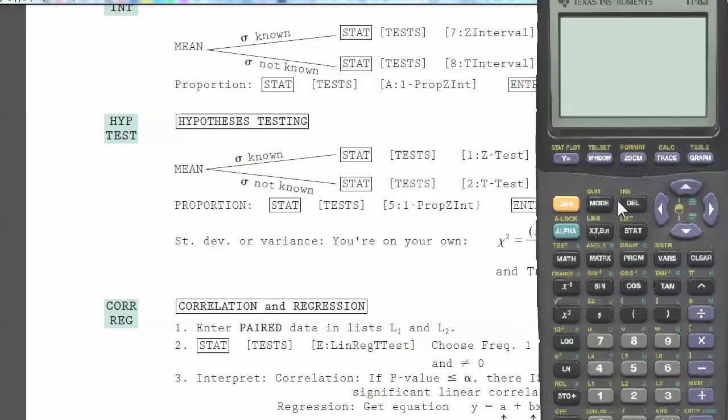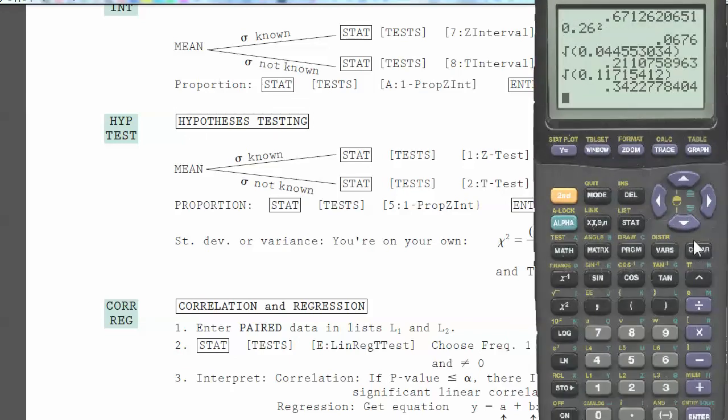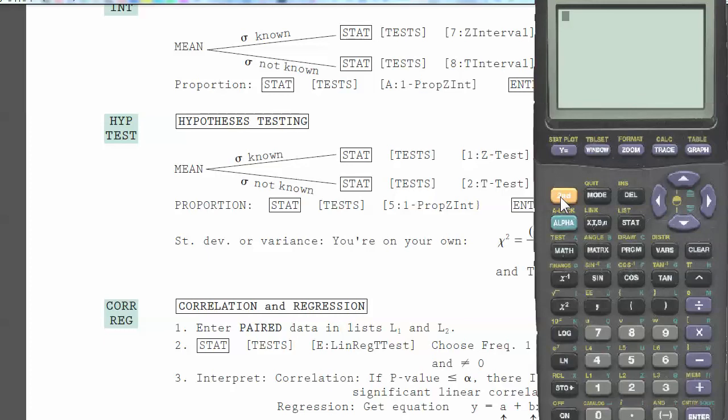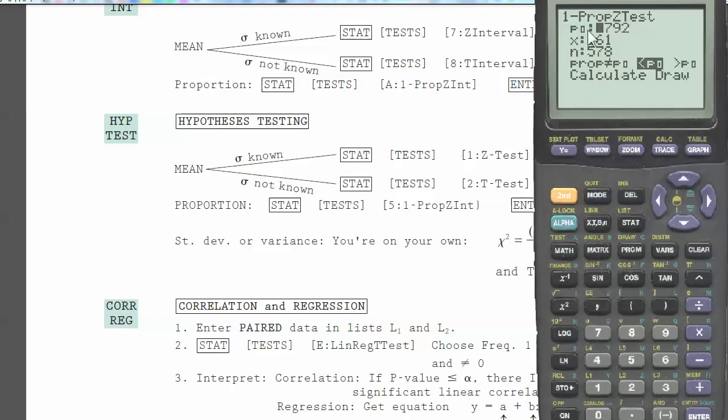So you go stat, over to test, number 5. See how it says 1? So it's a 1 sample proportion using the normal distribution hypothesis test. Hit it. Now, it needs to first of all know what your null hypothesis is, and this is some nice notation. So it's P representing the fact that it's a population proportion, sub 0.